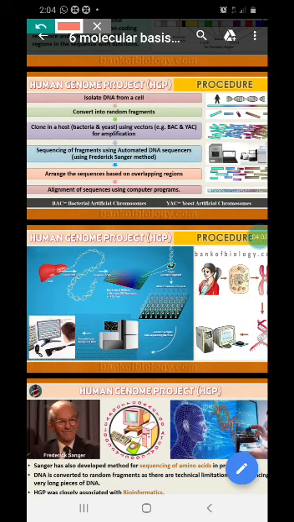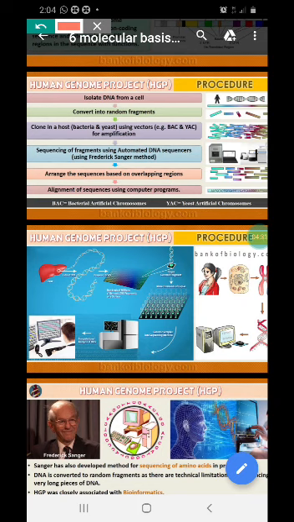Okay, and then these fragments are introduced into a vector's body. Who is a vector, children? What is a vector? A vector is an organism or an animal which helps to carry, right? So these fragments are introduced into a vector.